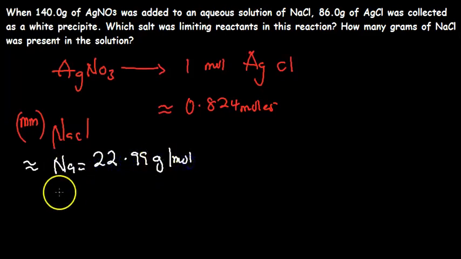What about the chlorine? On our periodic table, chlorine is 35.45 grams per mole.